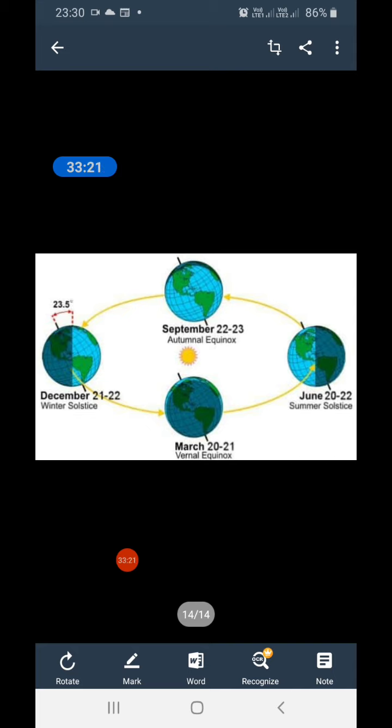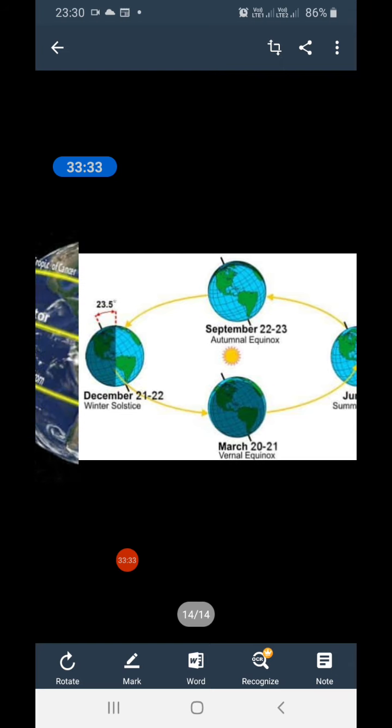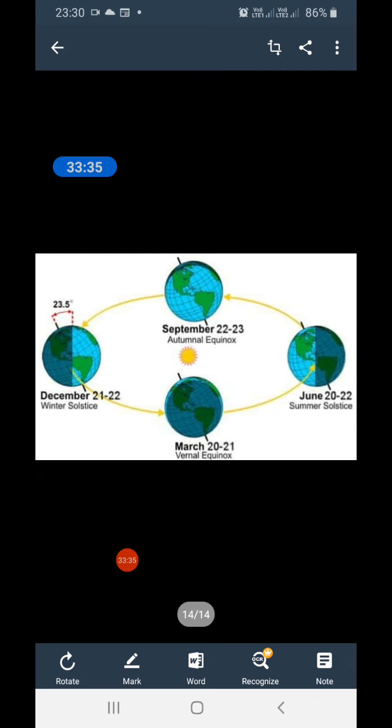So these are the four major seasons that occur due to the revolution of the earth around the sun. So I've explained you through this diagram the revolution of the earth and the position of the earth on various dates, and the change in seasons and the change in duration of day and night.